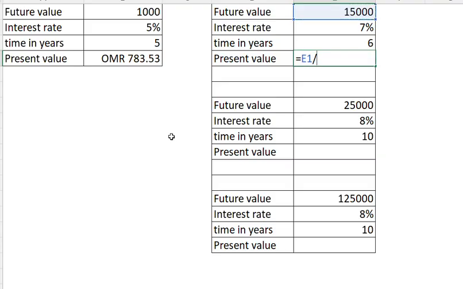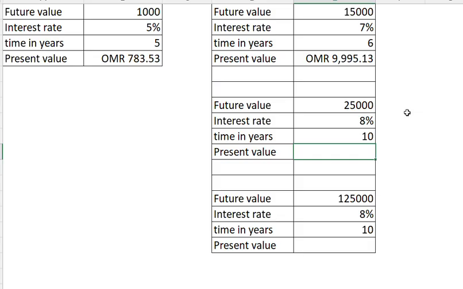Again, I told you divide, bracket open, 1 plus rate of interest 7%, bracket close, power of 6, enter. So this is the value, 9,995.13 riyals, the amount which one should invest to get 15,000 riyals after 6 years at 7% interest. So these are the manual calculations.